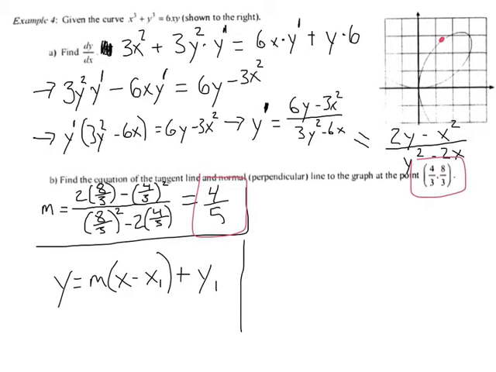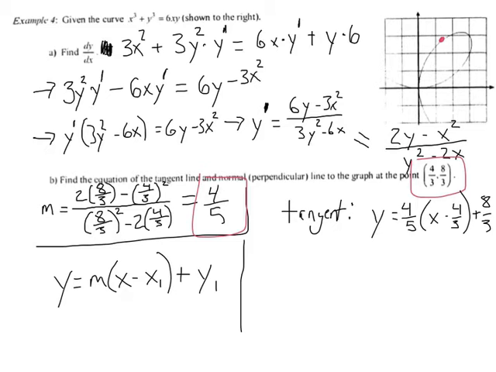Okay, so let's use that for our tangent line. We would say that y equals 4/5 times x minus 4/3, plus 8/3.